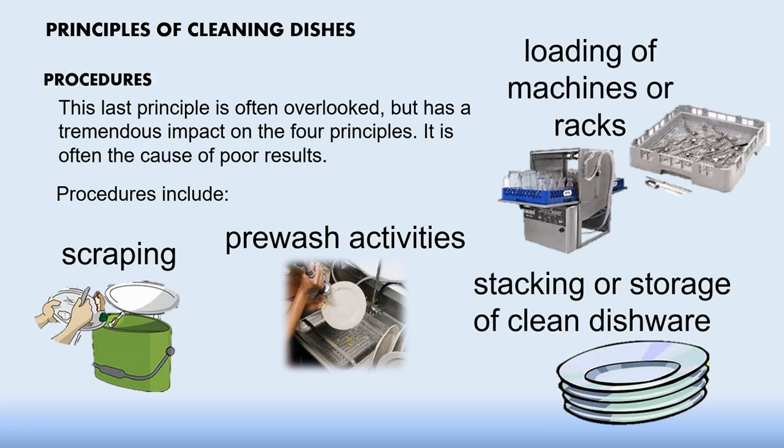Remember, 50% of your service is watching and listening to what goes on in that kitchen. Pay attention to how your procedures are for your customers and offer suggestions or advice on how to improve those procedures for better results.